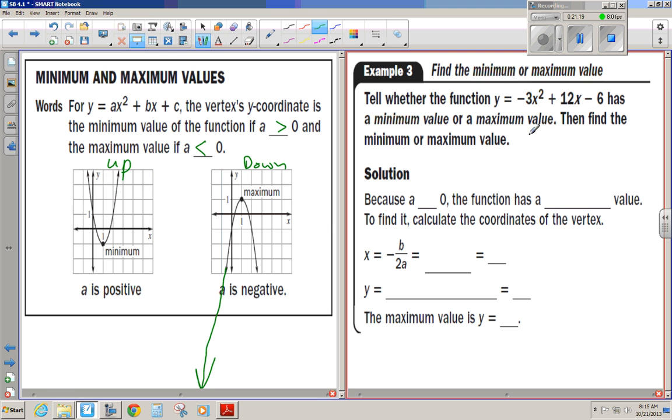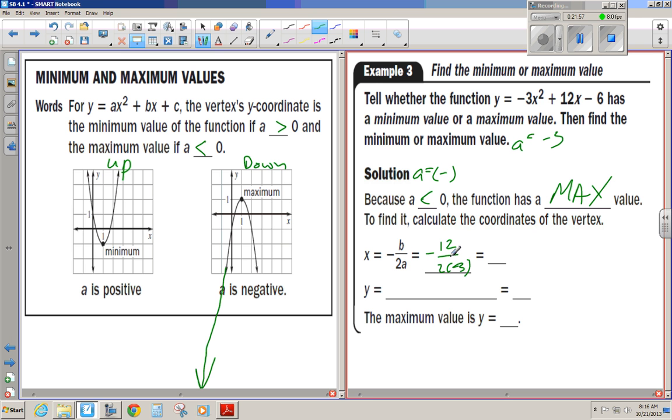All right, so tell whether the function has a minimum value or maximum value, then find it. Since a is less than 0, it means a is negative. If it's negative, then it has a max value. And you find it by finding the vertex. So x is negative b over 2a, so negative 12 over 2 times negative 3.